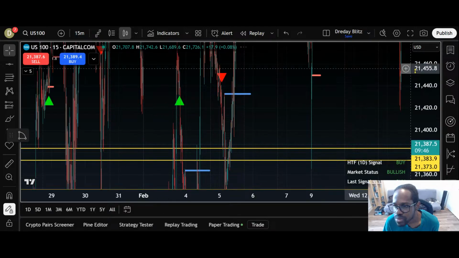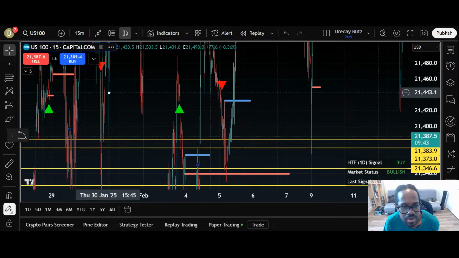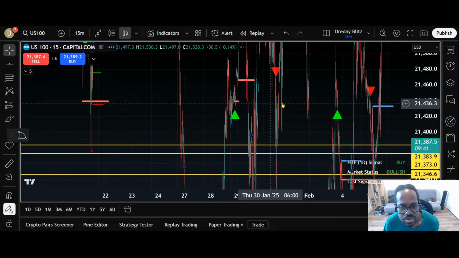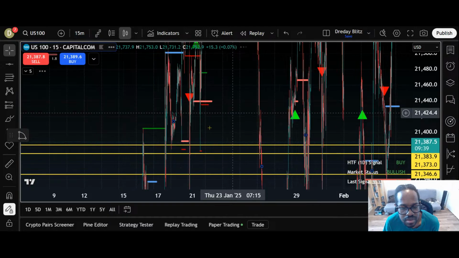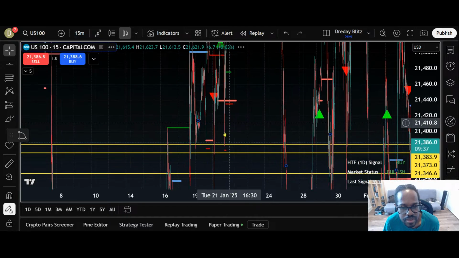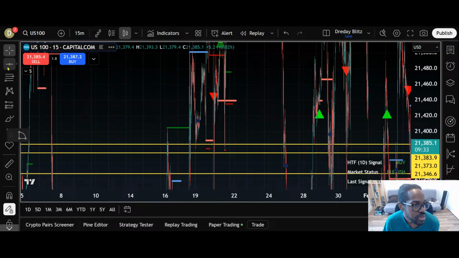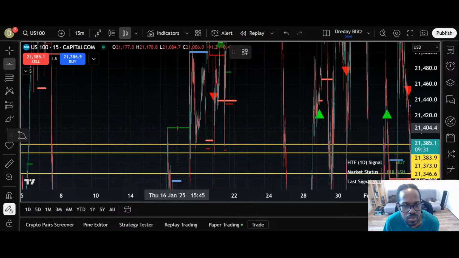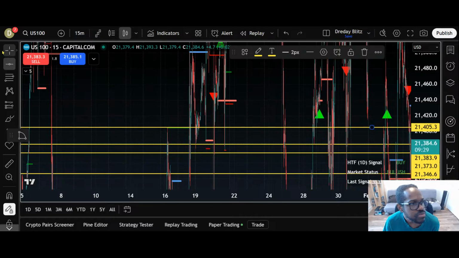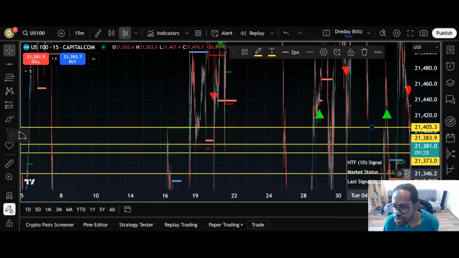All right, so going to see if we had something near that. So that will be this one here. Okay, so let's plot one line here. Boom. So that will be my third take profit level.